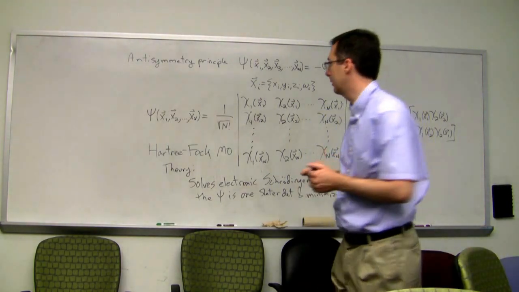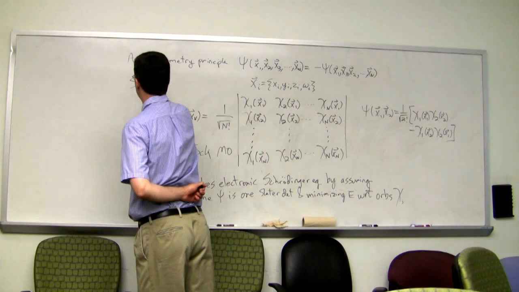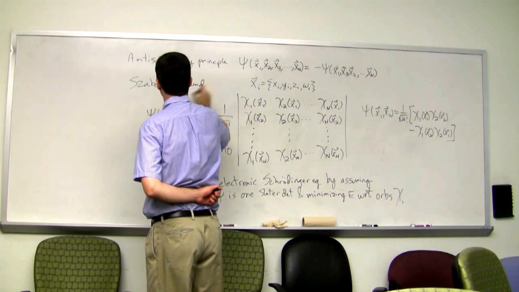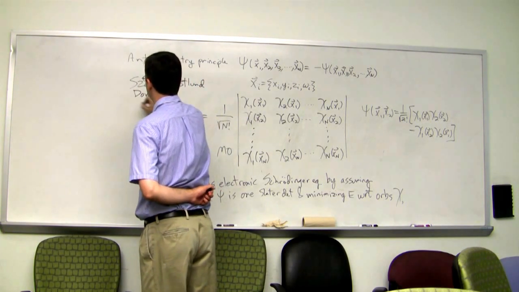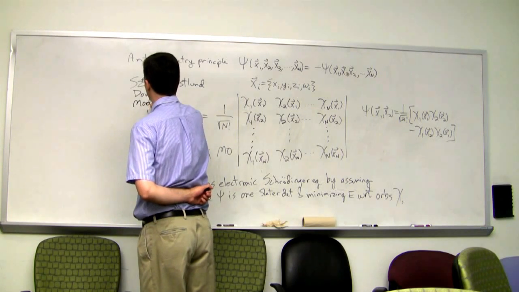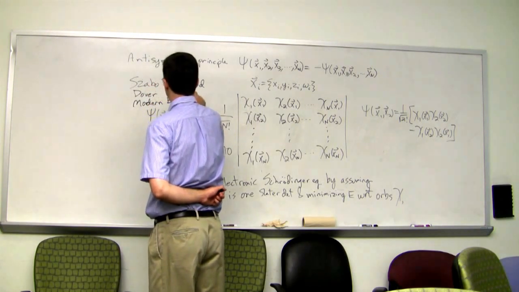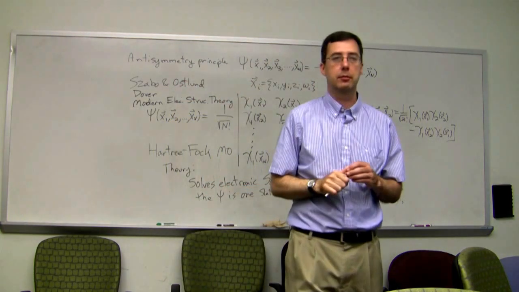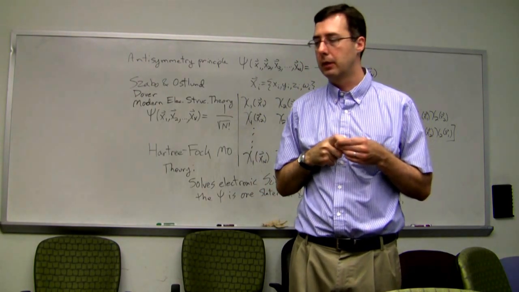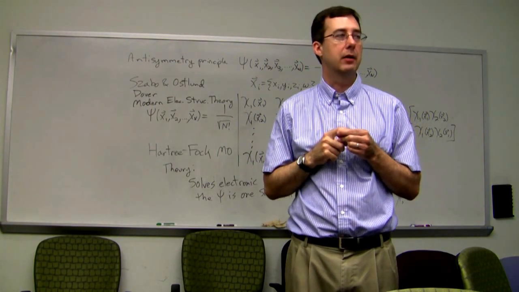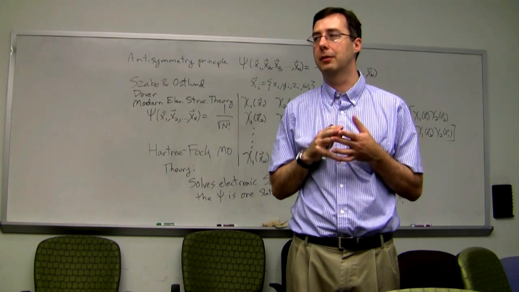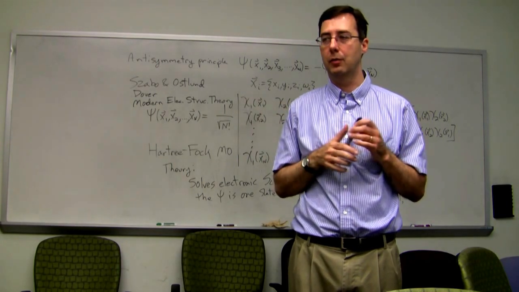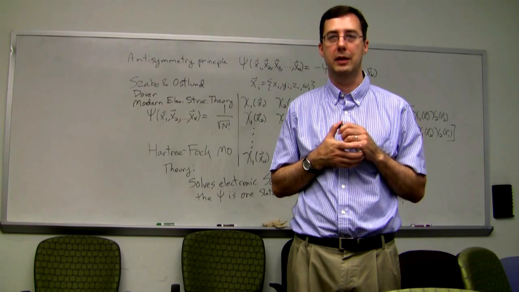It's by a couple authors, Attila Szabo and Neil Ostlund. And that, in my opinion, is really the best place to get a good mathematical background into what's Hartree-Fock theory, what's an orbital, what are properties, what's the anti-symmetry principle, change of basis, all the kind of stuff that goes into what I'm going to cram into a couple lectures next week, Monday and Wednesday.